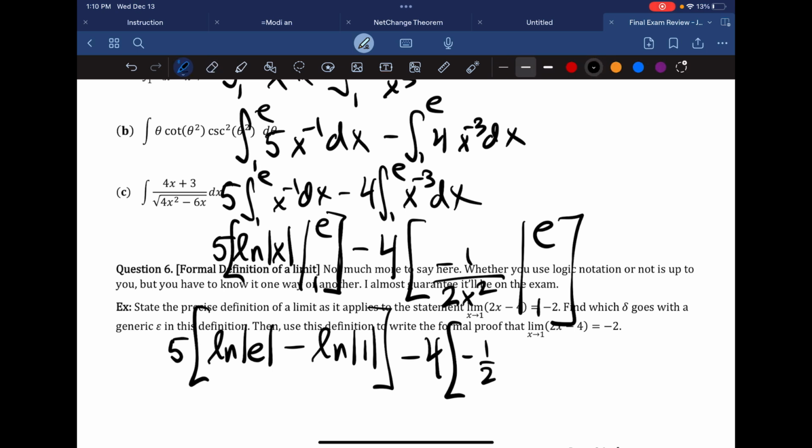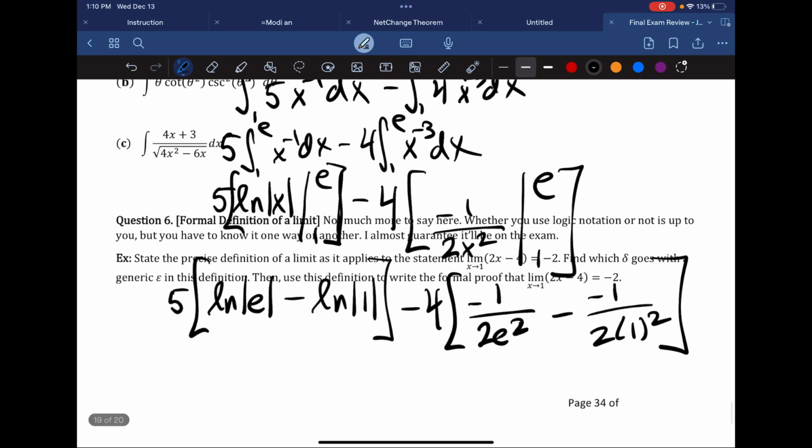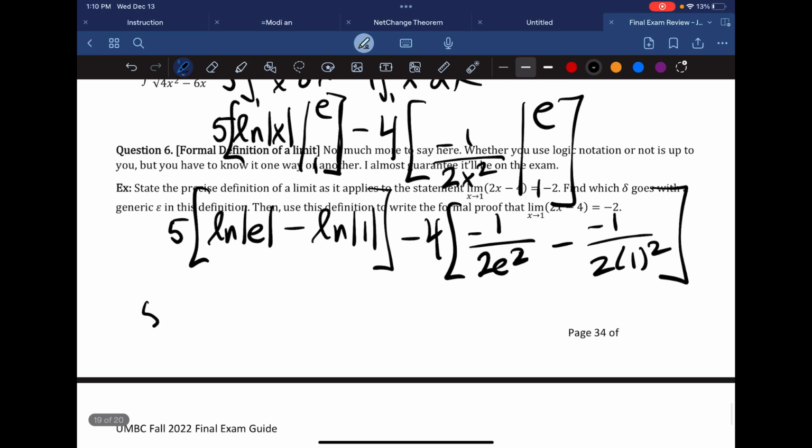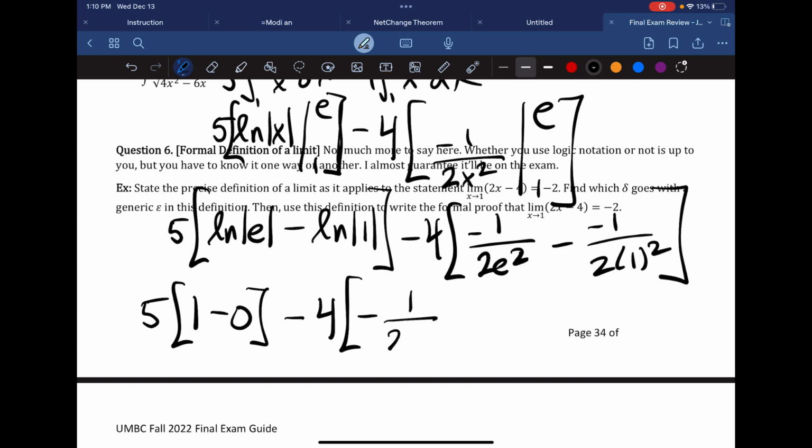So then we can say, okay, so that's negative 1 over 2e squared minus negative 1 over 2 times 1 squared. So then we can simplify this even more, because ln of e is just 1 minus ln of 1 is just 0. So we got that minus 4 times, so that's going to be negative 1 over 2e squared plus 1 over 2.